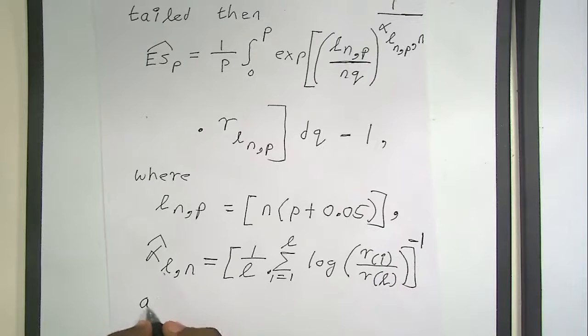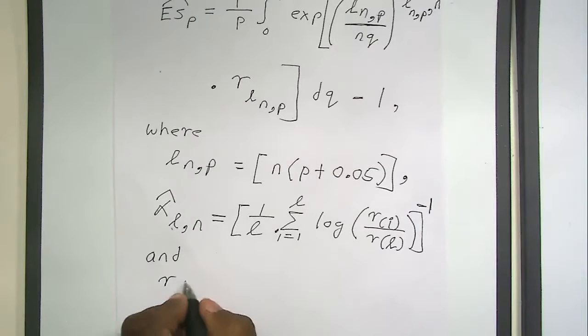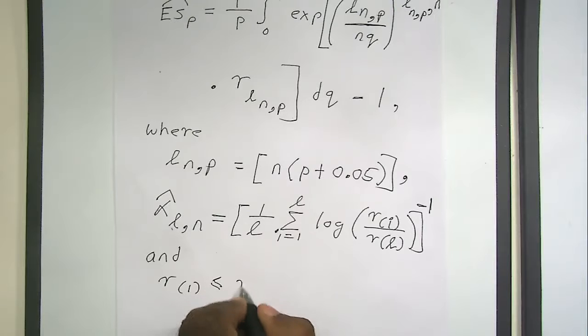And finally, R1 to Rn are the order statistics.